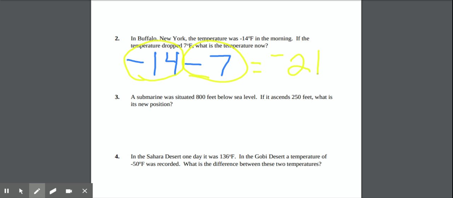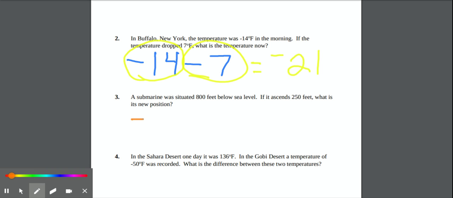Number 3. A submarine was situated 800 feet below sea level. If it ascends 250 feet, what is its new position? Okay, first things first, where it started is 800 feet below sea level.